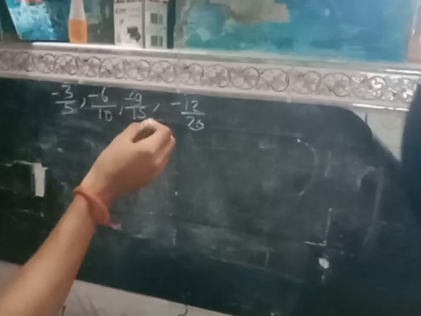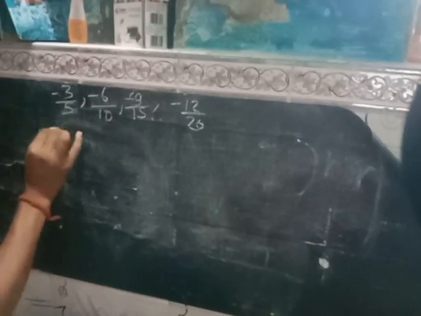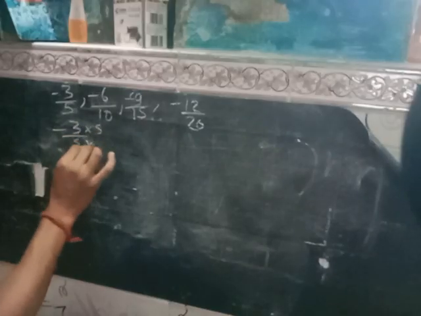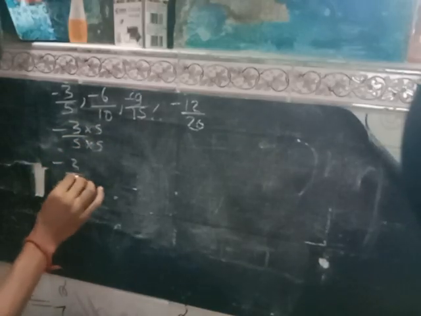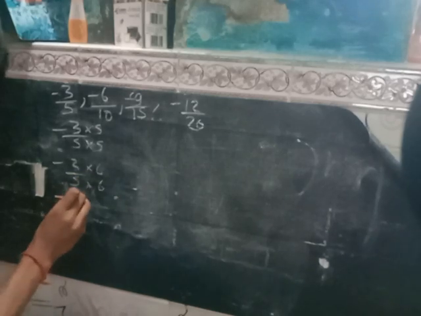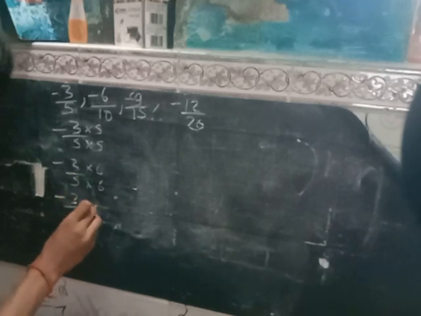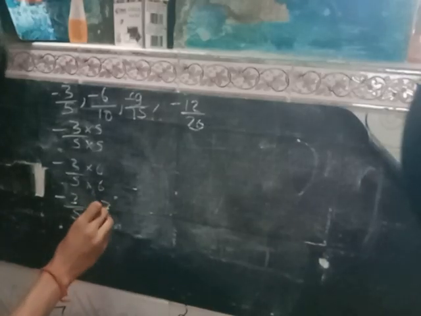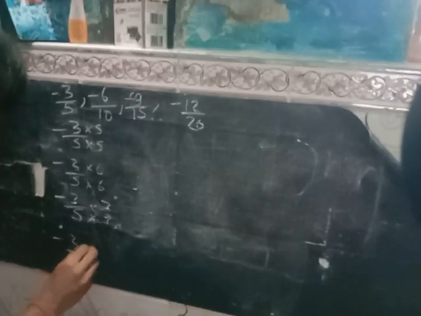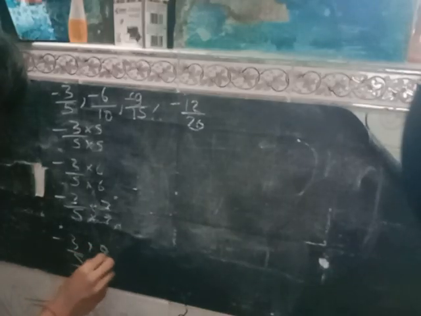So for the 4 more rational numbers, we can say minus 3 by 5 multiplied by 5, minus 3 by 5 multiplied by 6, minus 3 by 5 multiplied by 7, and minus 3 by 5 multiplied by 8.